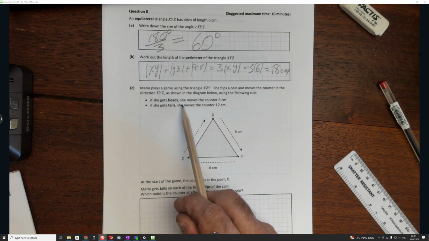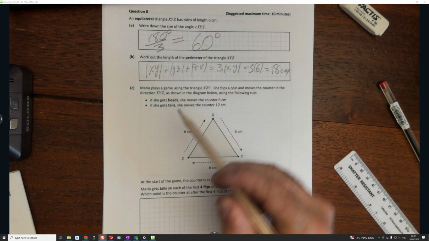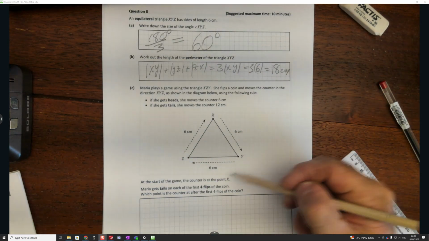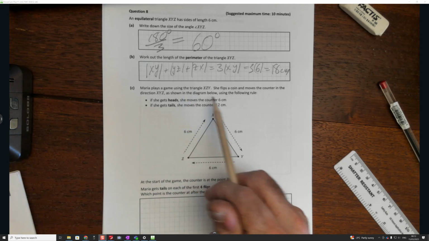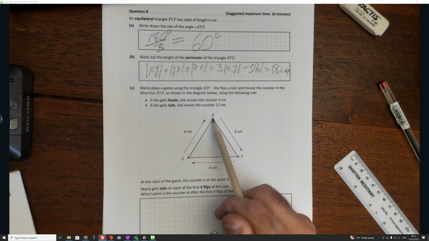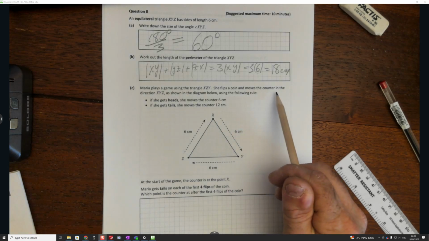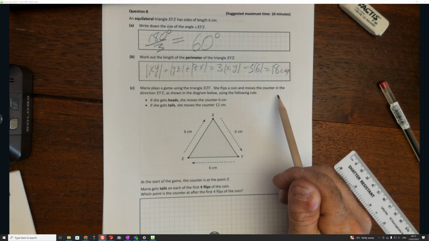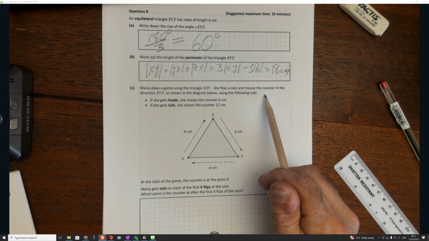If she gets heads, she moves the counter 6 centimeters. Okay, I get it now. It should be counterclockwise or clockwise. So she's got a counter on the triangle. She flips the coin and moves the counter.